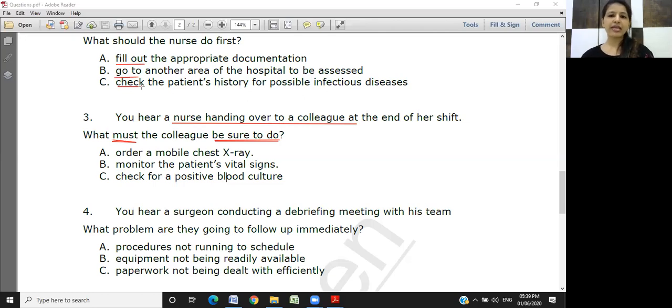So that would always be an action that needs to be done. So also focus on the actions because that could make a huge difference. So here it says order a mobile chest x-ray. Type in what is the keyword here. Monitor the patient's vital signs and check for a positive blood culture. Highlight the verbs and the keywords.